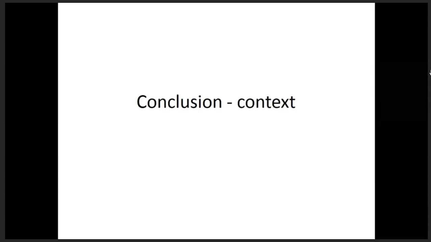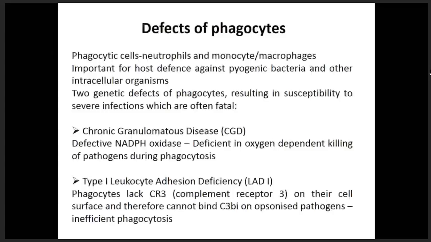And again, folks, at the end of the essay, you should be trying to give some sort of context to your essay. And what you'll talk about is what happens when you get defects in phagocytes or phagocytosis. So phagocyte cells such as neutrophils, monocytes, and macrophages are important against pathogenic bacteria and other intracellular organisms as well. And 2 genetic defects of phagocytes can result in severe infections which can result in fatalities.